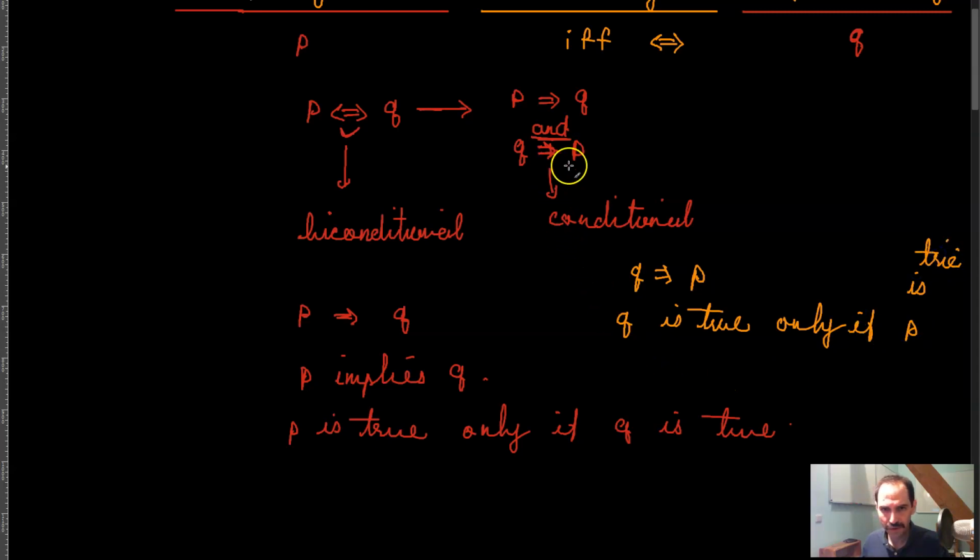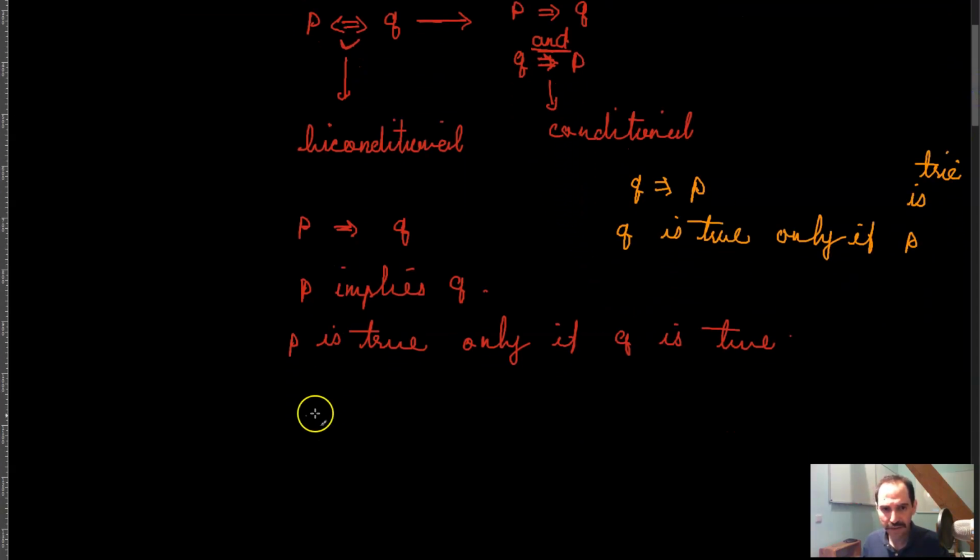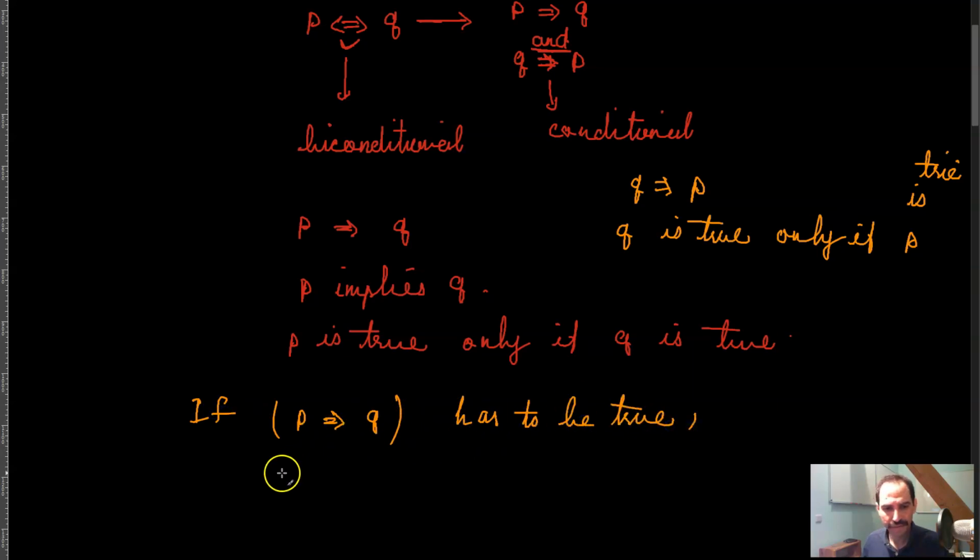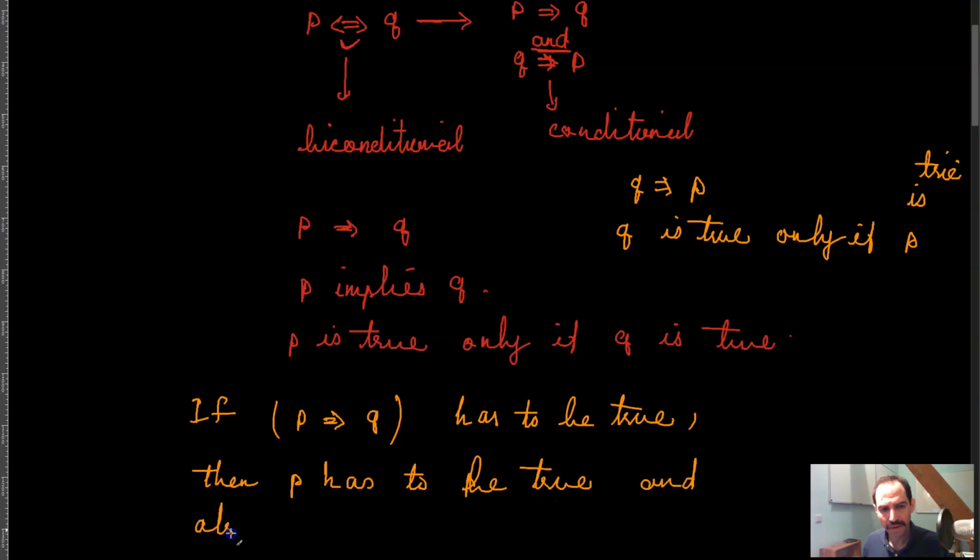Which means that if I want to show that P implies Q is true, if this statement has to be true, then P has to be true, and also Q has to be true, right? So that's basically the meaning of these conditionals.